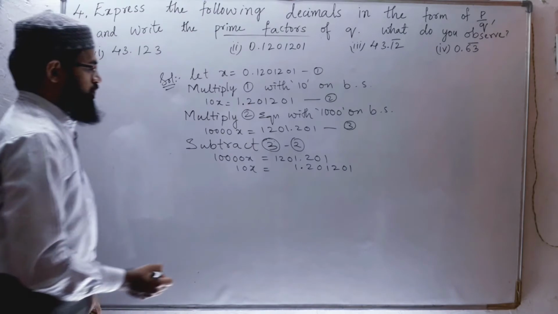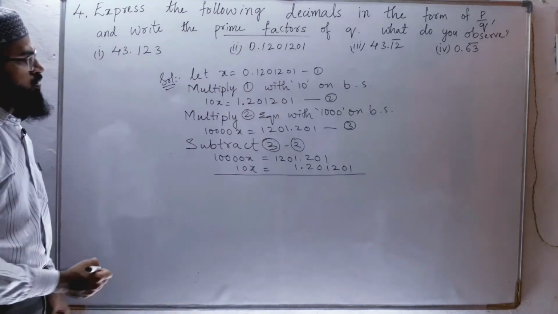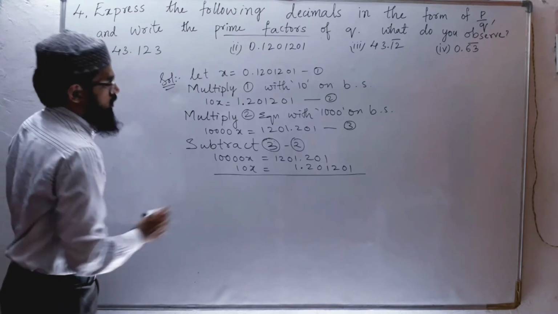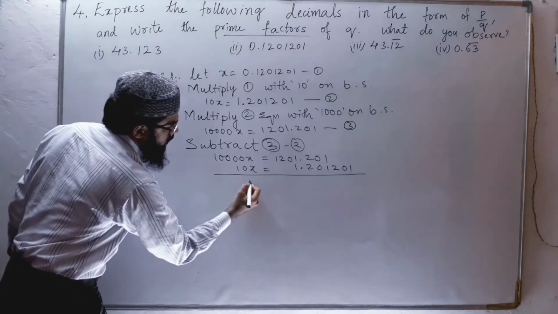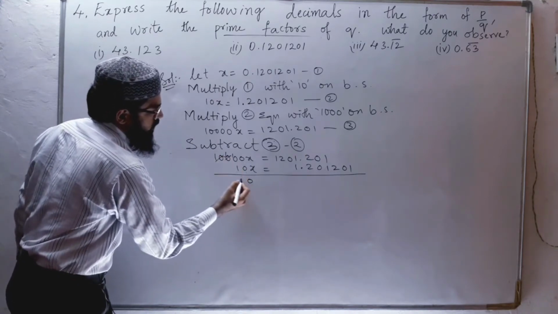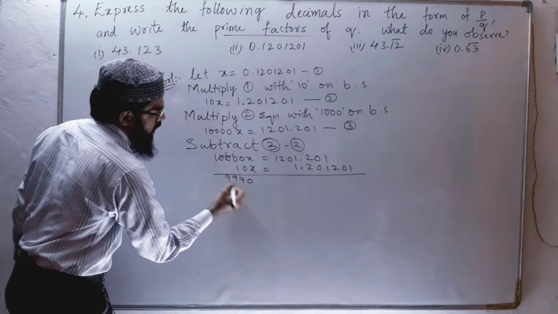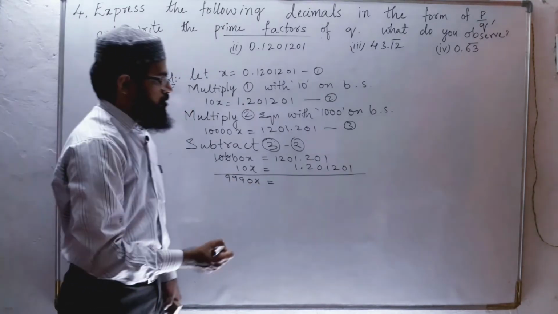Here we will get 0 minus 0 is 0, 10 minus 1 is 9, so 9990x equals.